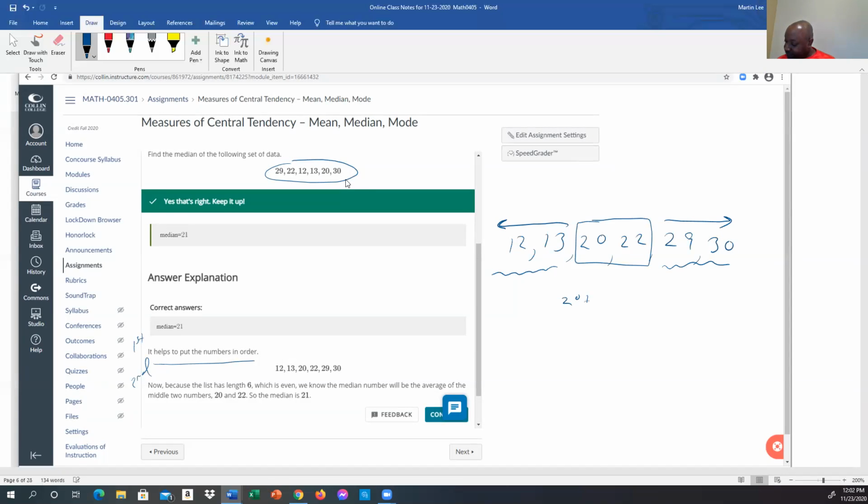So now to find the average, just add 20 plus 22 divided by 2. So 20 plus 22 is 42, divided by 2, and that equals 21. And so the median is 21.